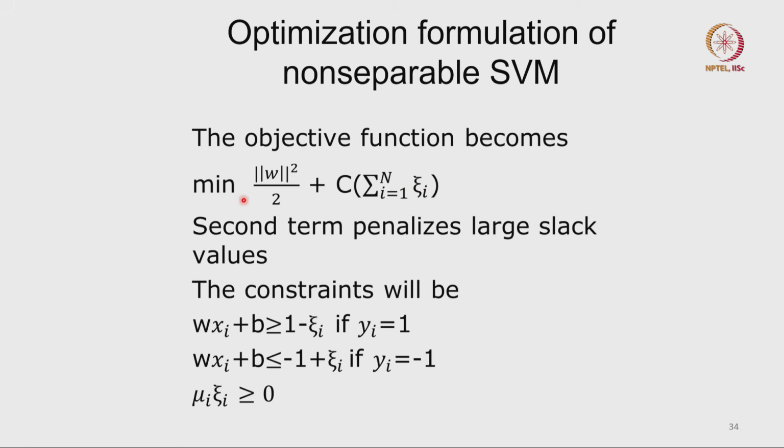So, you are going to minimize omega squared by 2 plus c times the sum of eta i, okay, and then the constraints will be of this form. So, what happens is that the formulation of the problem becomes a little more complicated, but these also can be solved by using the Lagrange method.